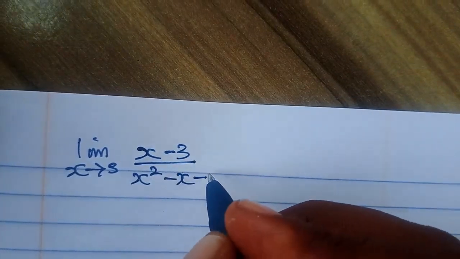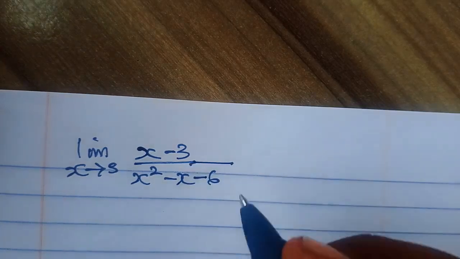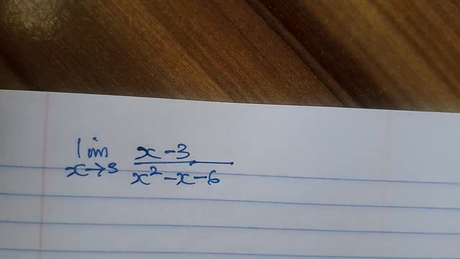So let's look at another question. The limit as x tends to 3 of (x minus 3) over (x squared minus x minus 6). Feel free to pause the video and try it for yourself.